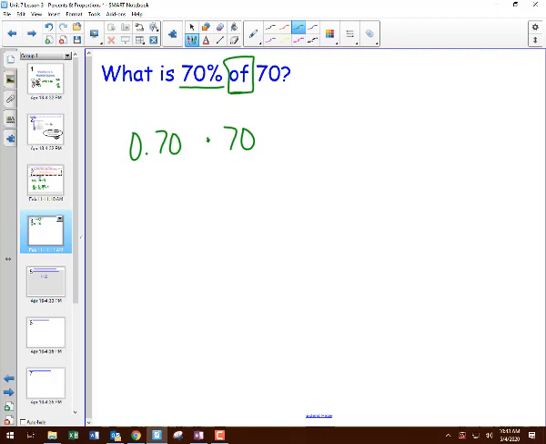We could also go the fraction route. 70%, well, we know that's 70 out of 100. Simplify when you can. So 7 out of 10, and then we're multiplying by 70. Either way, you're going to get the same answer.